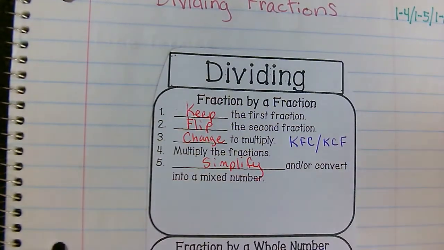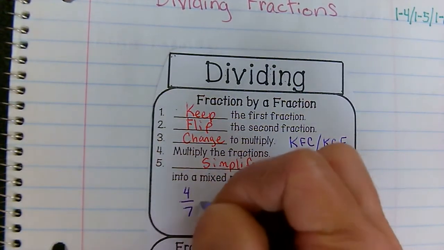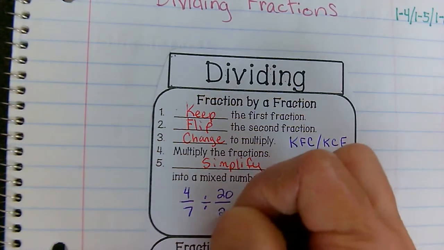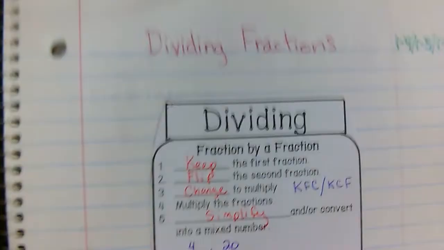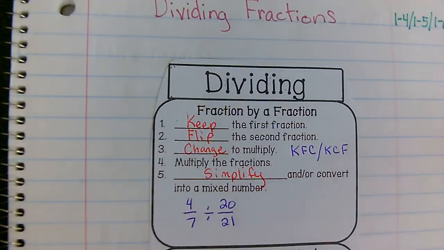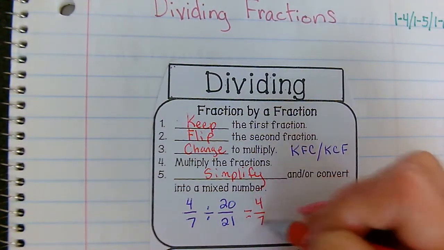So in this one, we have 4/7 divide 20/21. Okay? The very first thing we're going to do is rewrite 4/7. So that would equal 4/7.